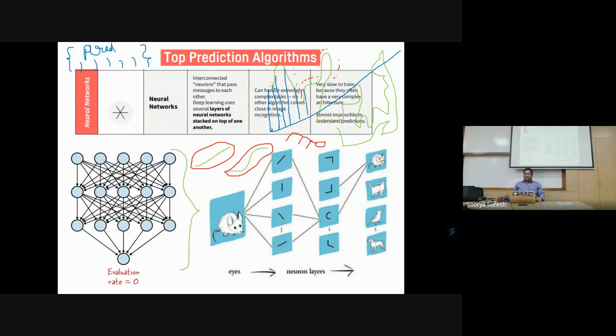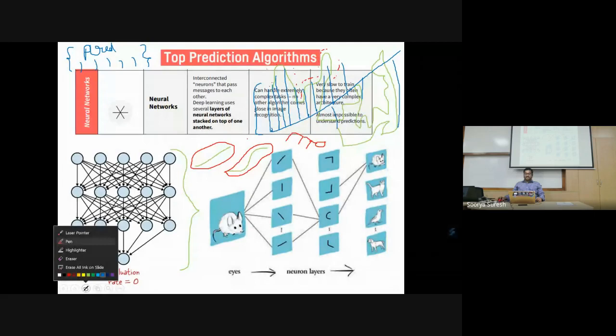So the error will be high. For this point, it is here. For this point, it is here. For this point, it is here. So this constitutes a very huge error. So this model is not optimal or not valid to deploy in a real-time scenario, like automated vehicle driving.